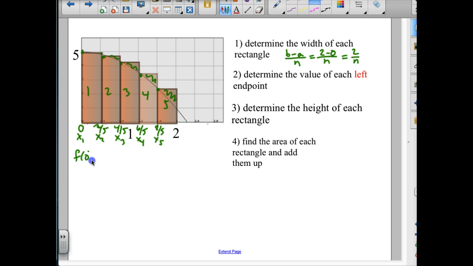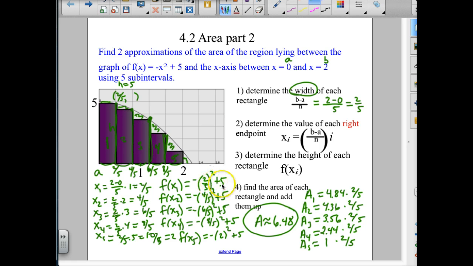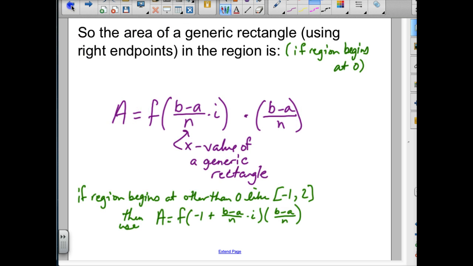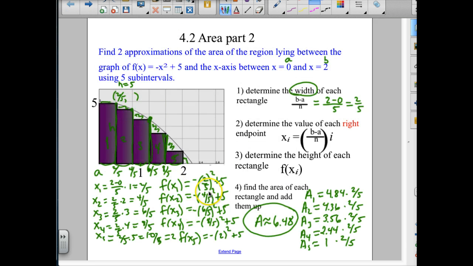So f of 0, remember our function was negative x squared plus 5. So f of 0 is 5. And then f of 2/5, we had that from the previous example. It was 4.84. And then f of 4/5 to find the height of the left side of the third rectangle. F of 4/5 is 4.36.